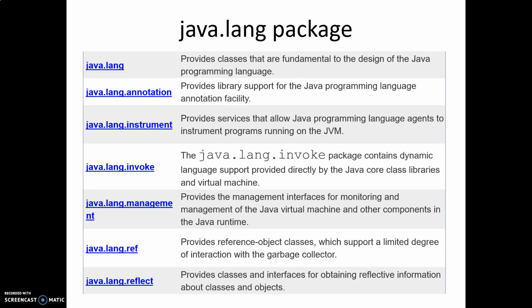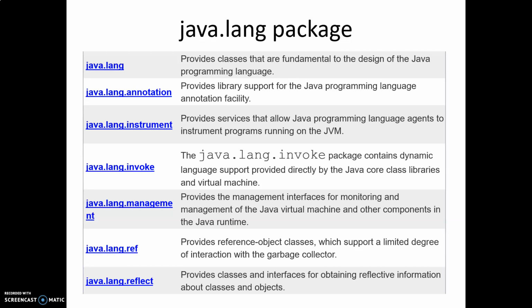Along with that, java.lang also contains something called method descriptor, class descriptor, then class loader, and all of these are nothing but some of the things which help the Java programming to work inside the Java compiler.